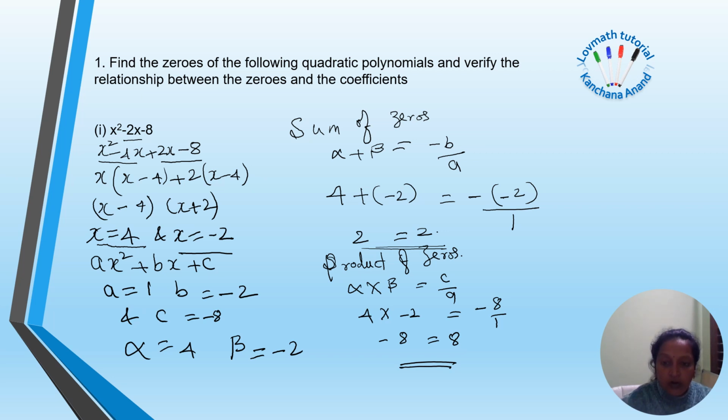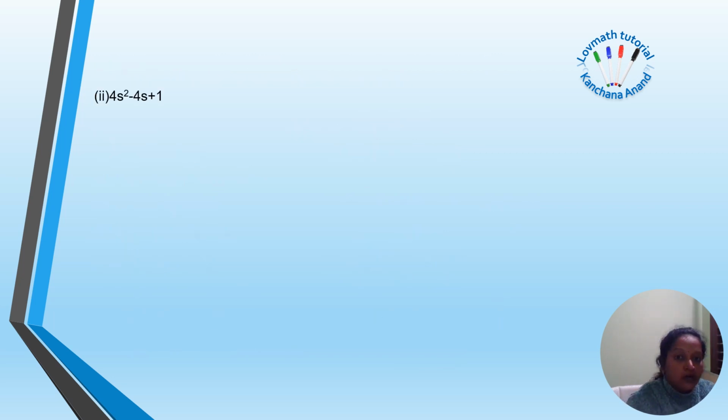Now let us solve the next problem. 4s square minus 4s plus 1. Here you can observe that this equation is in the form of a minus b whole square, that is a square plus b square minus 2ab.